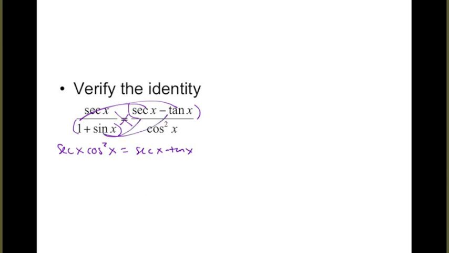And I'm going to multiply the sine through. So it's sine x secant x and minus sine x tangent x. For multiplying stuff with parts, we need to make sure that we distribute or FOIL through.